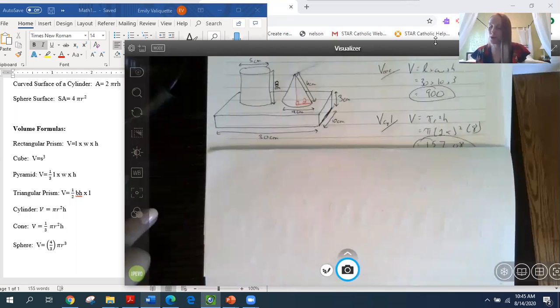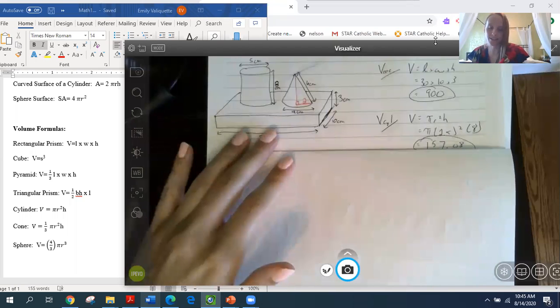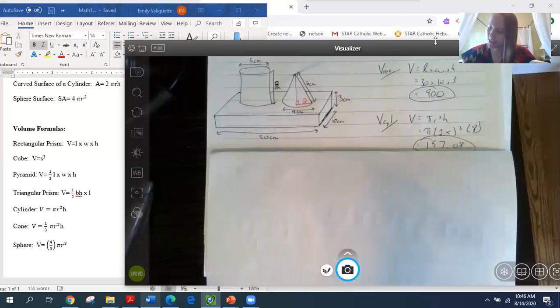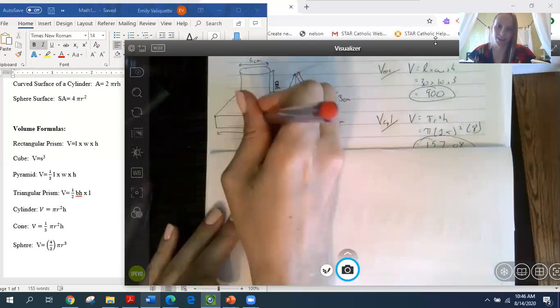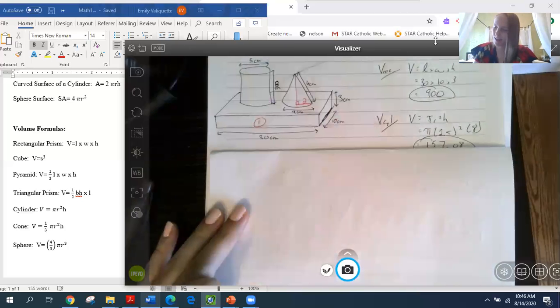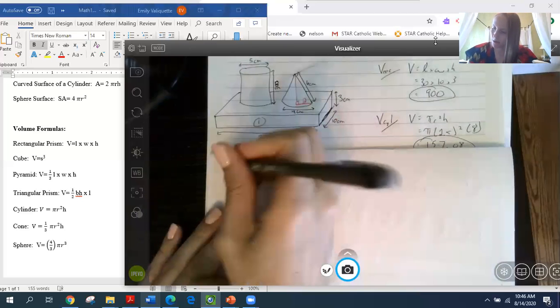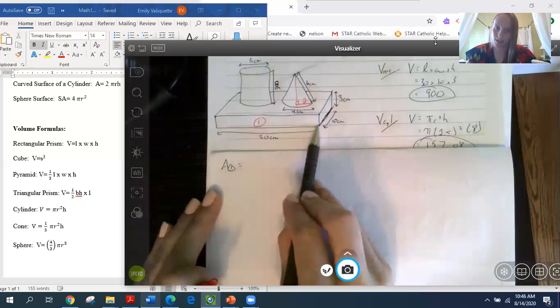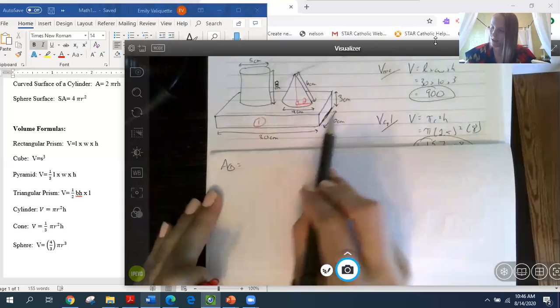Again, it doesn't matter what order you work through these different faces in, as long as you cover all of them and make sure that you are labeling really clearly which faces you're working with. So I'm going to start with that area right there. So number 1 is a rectangle. It is just 30 by 3. This is a 3, just like that.